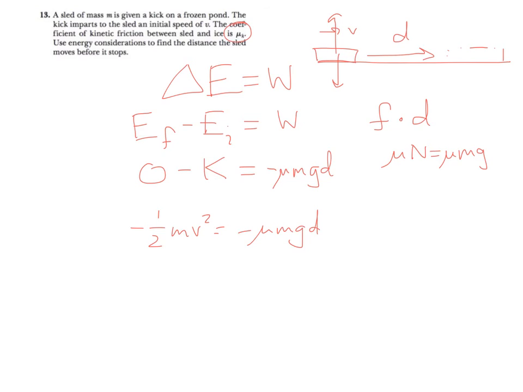At this point, the algebra to solve for d ought to be pretty straightforward. Now, if you want to show yourself something extra with this question, you could figure out the acceleration using Newton's laws, and then use kinematics to get the distance it travels. You'll discover that you get the same answer either way.